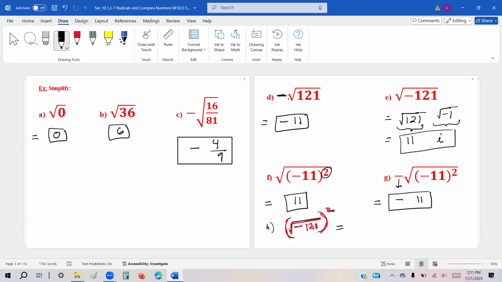If the square root is inside, the answer is negative. But if the square is inside, then it's positive. So here, this is inside, right? Inside the radical. On the other hand, this thing is inside and the square is outside. So the answer is 121.